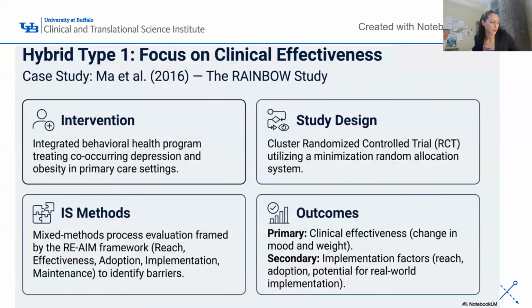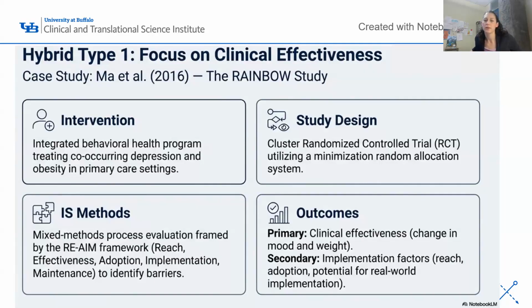This was compared to a standard of care where patients were also given a pedometer and information about services for weight management. What they did for this study was a cluster randomized trial, which we'll talk about a little bit more going forward.